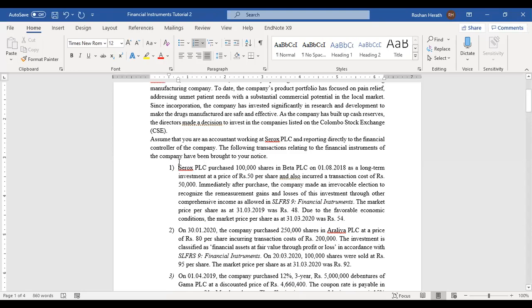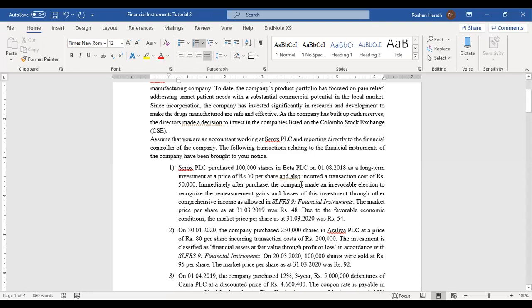The Xerox PLC purchased 100,000 shares in Beta PLC on 1st of August 2018 as a long-term investment at a price of rupees 50 per share, and also incurred transaction cost of 50,000.